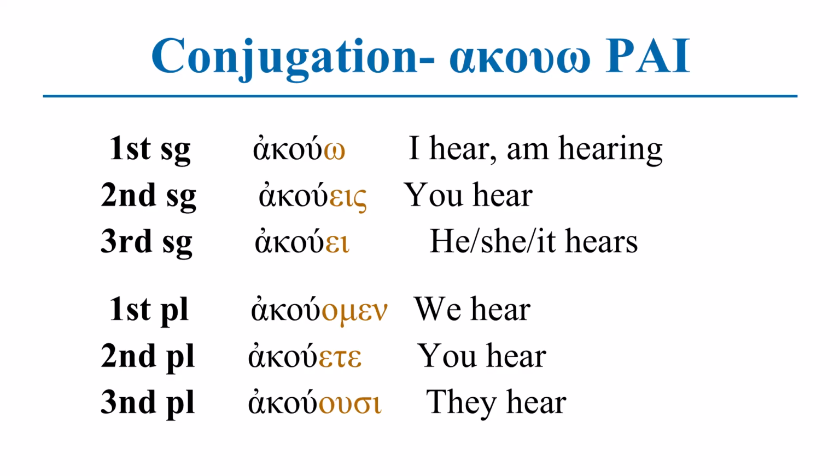First person plural you have akuomen, meaning we hear or we are hearing. Second person plural you have akuete, meaning you hear or you are hearing. Third person plural you have akusin, meaning they hear or they are hearing. So this is how you conjugate the word akuo in the present active indicative.